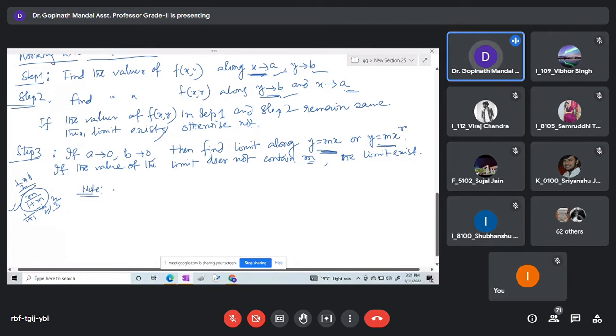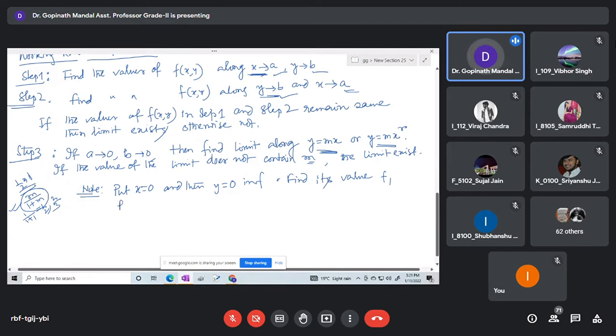For finding the limit as x tends to 0 and y tends to 0, first put x equal to 0 and then y equal to 0 in f. Then find its value, say f1.